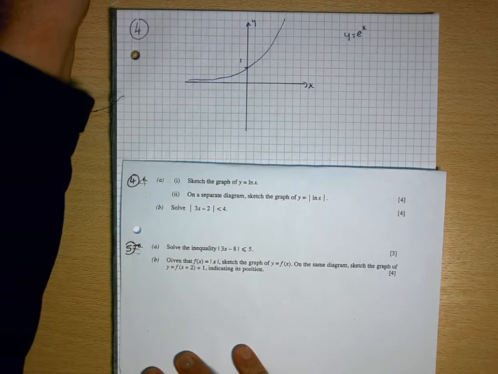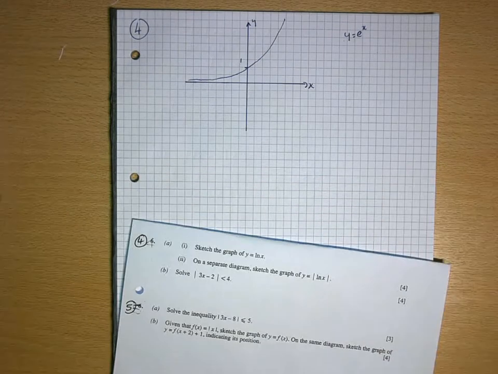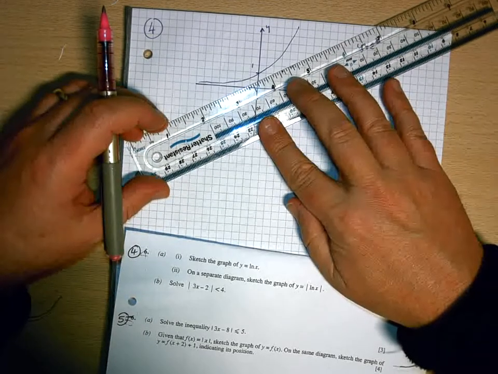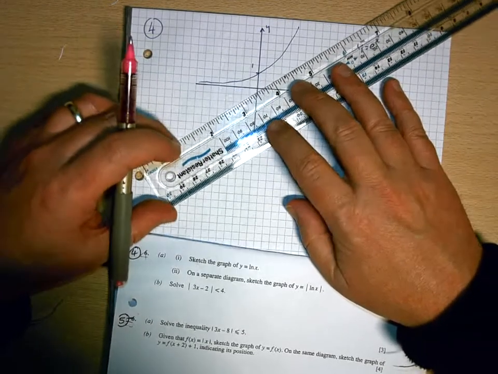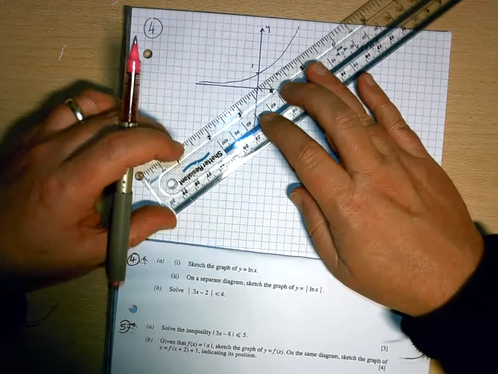So if you can't remember what ln x looks like, then you need to be able to remember what that looks like. And then you also, from the functions work that you did in C3, you need to remember that inverse functions are reflections in the line y equals x.